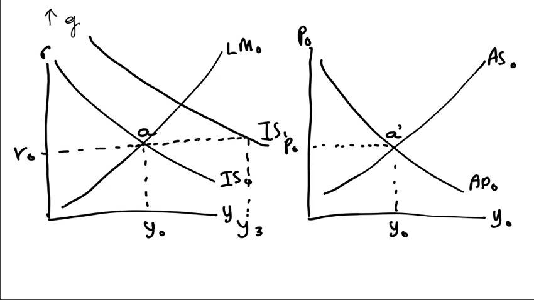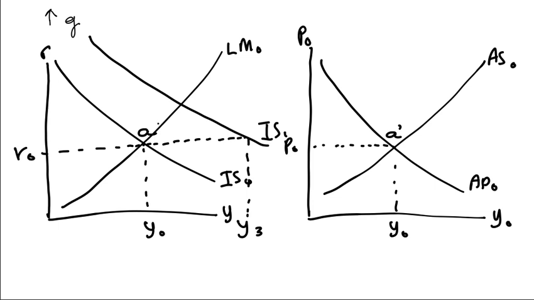However, this is disequilibrium. As income increases from Y0 to Y3, that means households in the country will need more money to purchase goods and services because now they have more income. Now money demand will increase with the increase in income from Y0 to Y3.